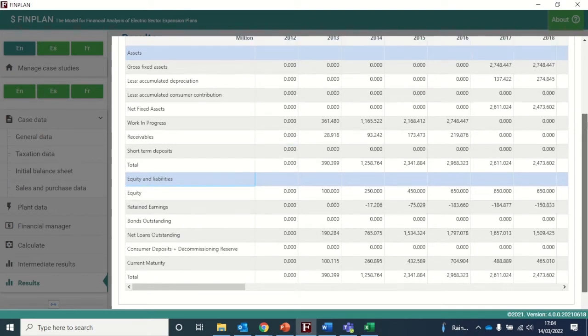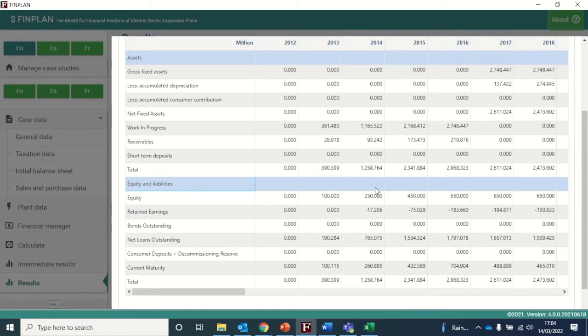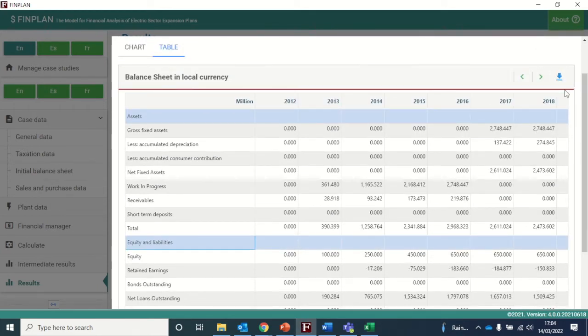You can see that it is being differentiated by this blue shaded region. Again, if you click on this button, you can export this to Excel. Let's discuss the asset portion first. When construction is completed, the asset value is reported as a total construction value, which is 2,748 million.